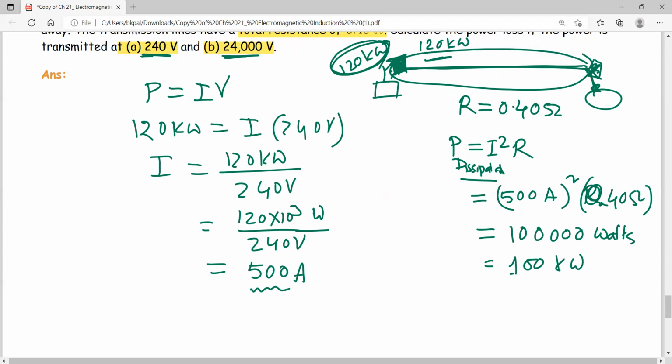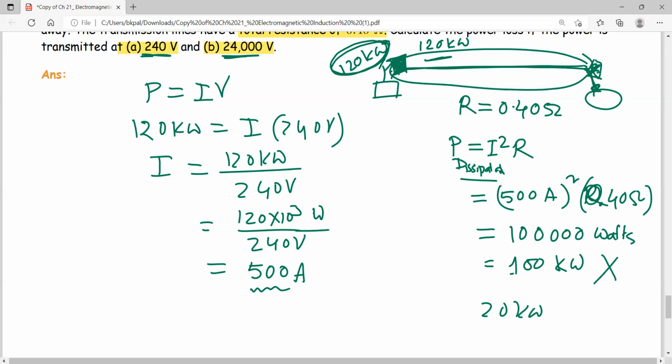So you see that it is not useful. You want to send 120 kilowatt of power, but almost 100 kilowatt is lost. We are just getting 20 kilowatt on the other end, and that's why it's not useful.